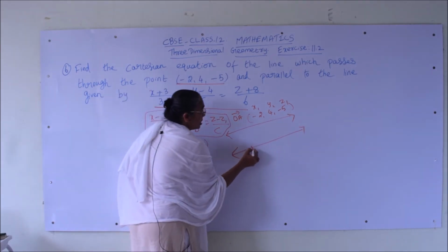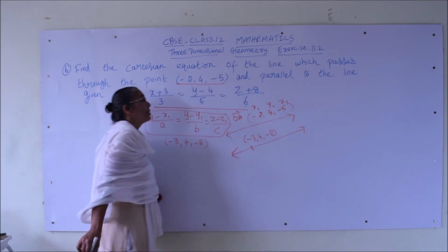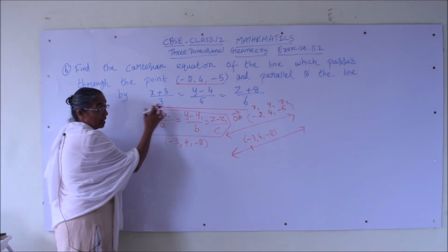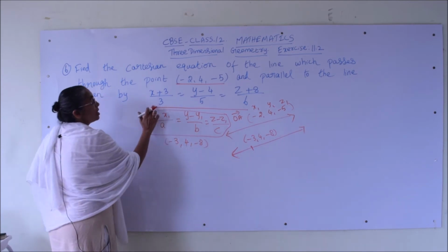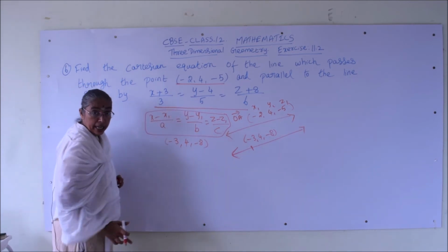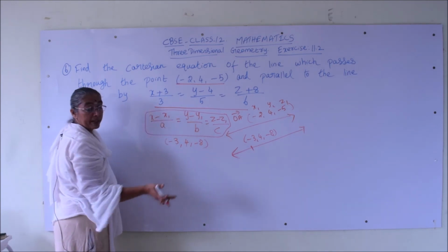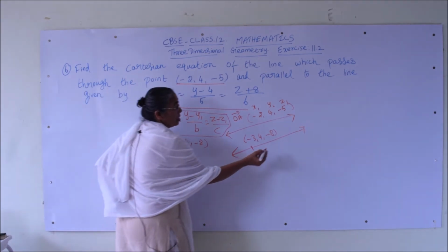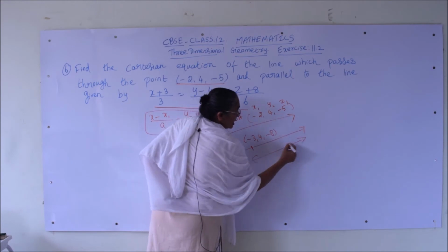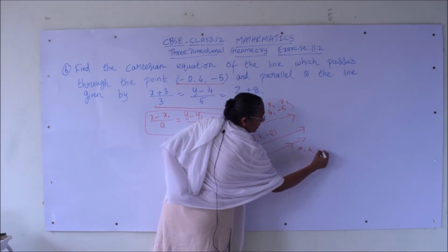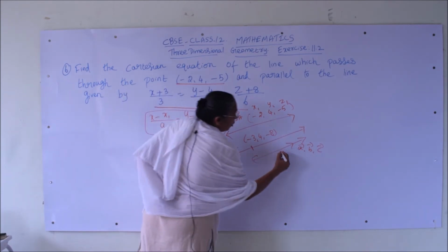So it is passing through the point minus 3, 4, minus 8, and second, it is parallel to the vector 3i cap plus 5j cap plus 6k cap in vector form, or in Cartesian form the DRs are 3, 5, 6. So just these a, b, c values.